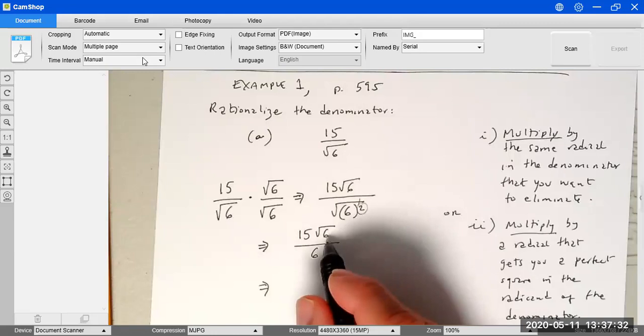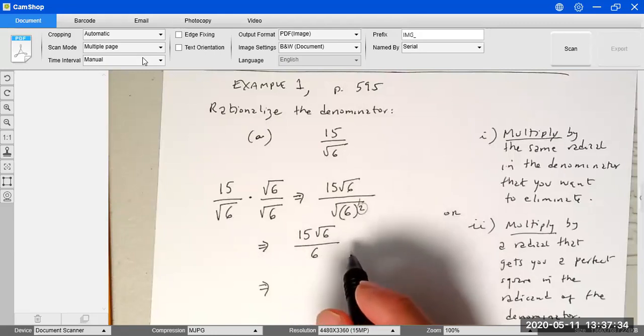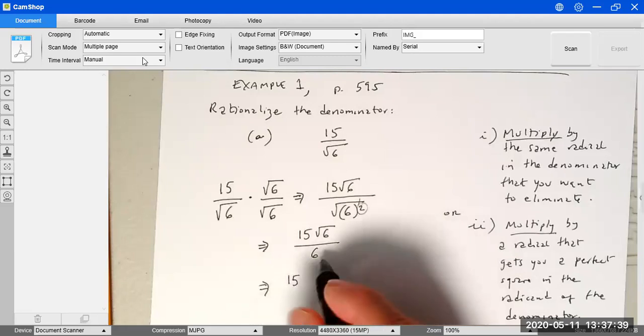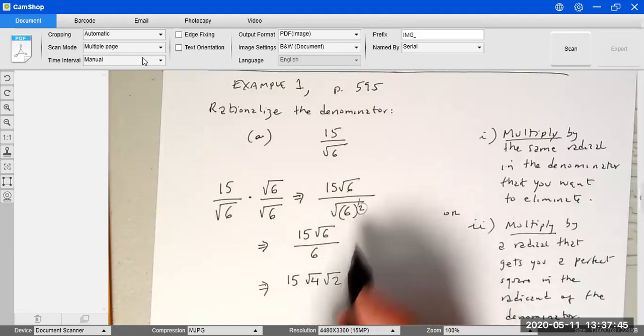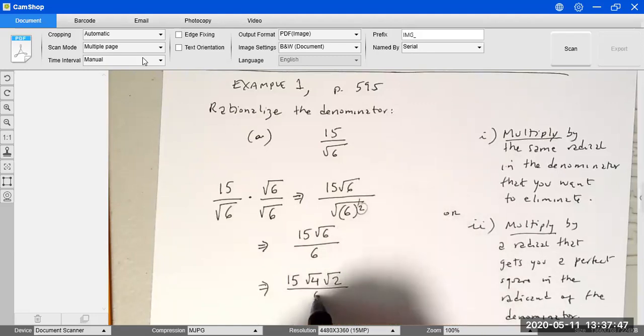So in this case, for example, the square root of 6 can be written as the product of 4 and 2. 4 is a perfect square, so let's do that first. So 15, then 4 times 2 for the 6, and then over 6.